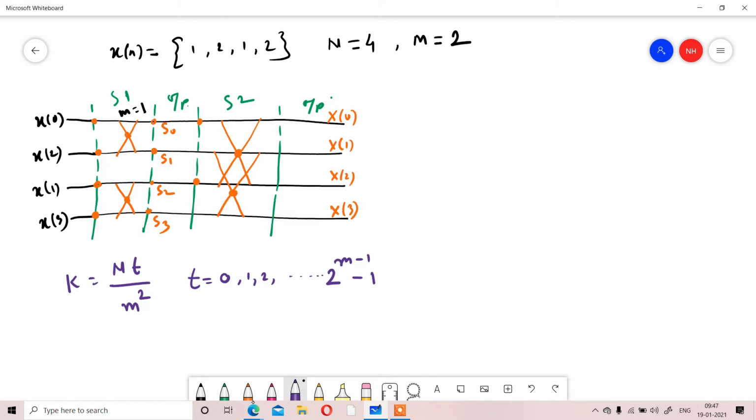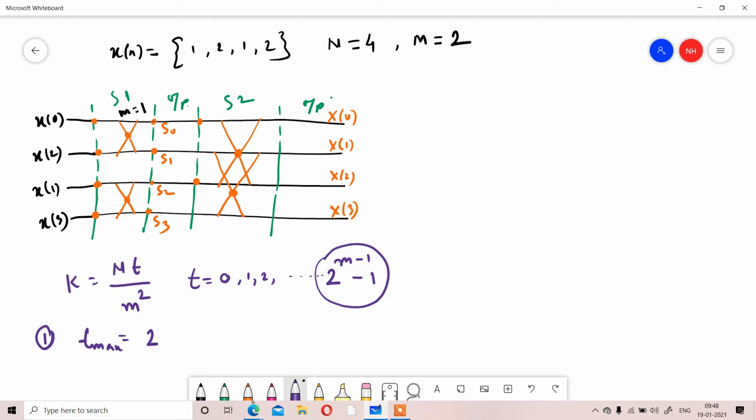So for the first stage, what should be the value of k? As stage 1, t max means the maximum or the final value of t. Final value of t means t may be 0, 1, 2. So what will be the last value of t? So that will be 2 to the power that value. So 2 to the power, simply replace the value of small m.